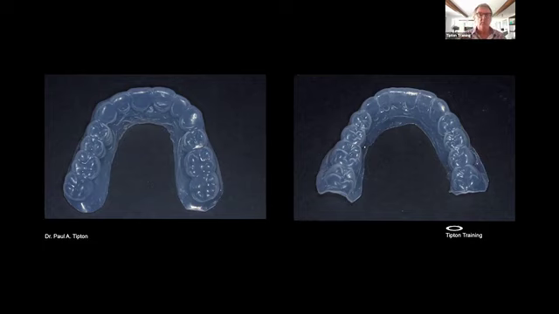For this case, we're going to be doing zirconia anterior restorations, so we're going to be using about 0.7 to 0.8, 0.9 of a millimeter, just short of 1 millimeter in terms of space.